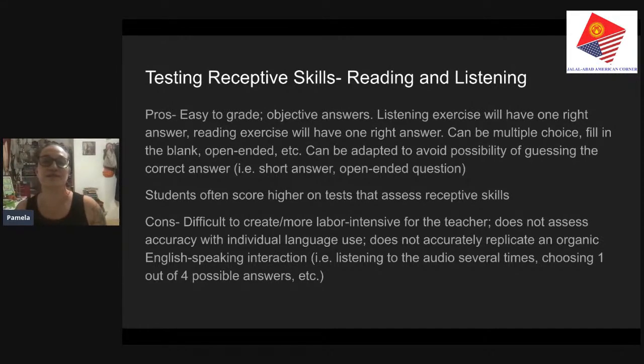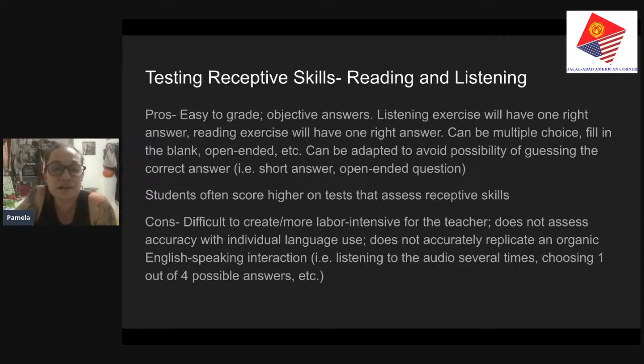So to listen to something and understand it is easier than to speak with complete accuracy, like a native speaker, the same kind of thing. And also to read something and understand it, get all the answers right, is much easier than to write with native-like accuracy.